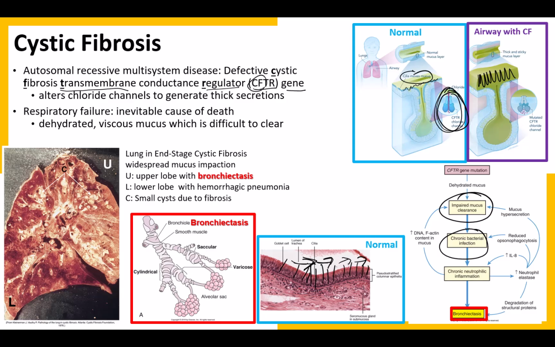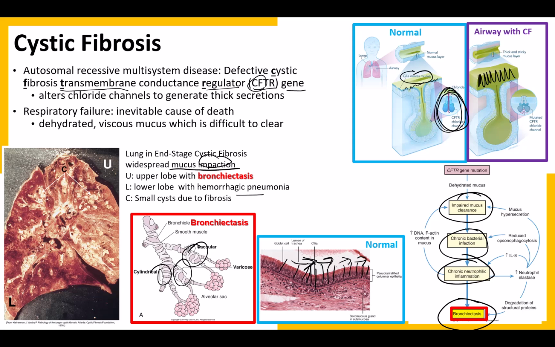So you end up with chronic bacterial infection, and then that causes chronic inflammation with the neutrophils, the white blood cells, and then that causes pockets of abnormal dilation of the bronchioles, right? When that happens as well, you have this bronchiectasis. You have an increase in the thickness of the mucus, and it can be impacted. It can basically just hang around there.